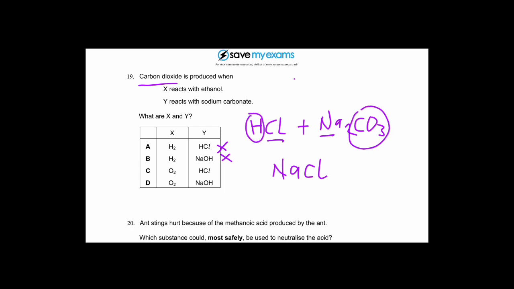Now, hydrogen is going to take one oxygen from the carbonate to form water. When we remove one oxygen atom from the carbonate radical, we remain with carbon dioxide. So this reaction is possible. This is not possible. This is possible. The answer is C.